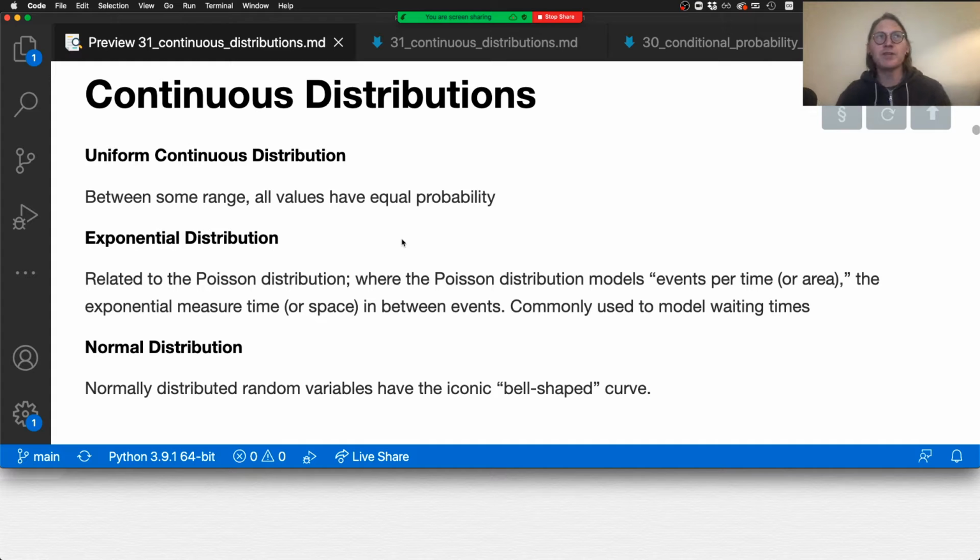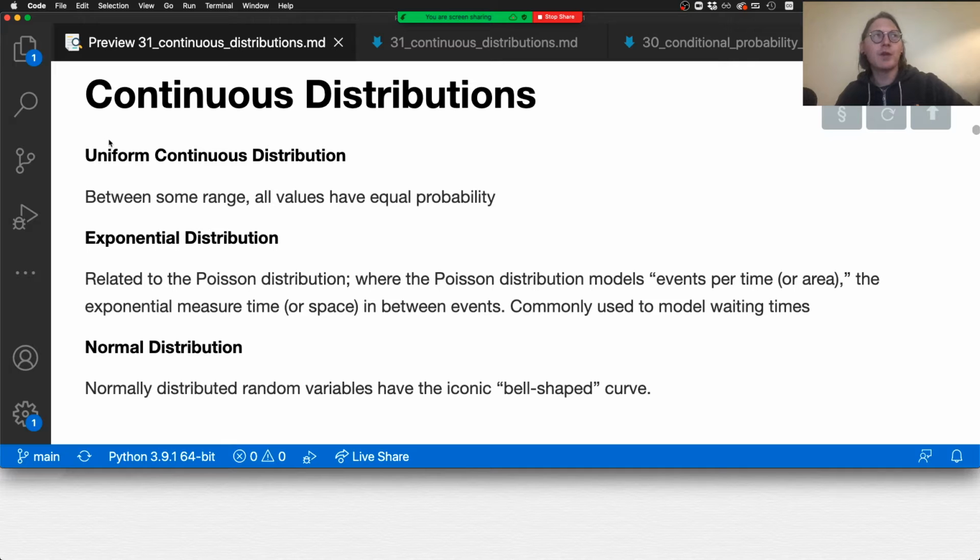For a uniform continuous distribution, it's not that different, except remember, we've got this idea of infinite precision. So usually with continuous distributions, we're asking less than or equal to some value, or less than. And if you think about infinite precision, less than or equal are the same thing. Or we're asking for the probability of something within a certain range.